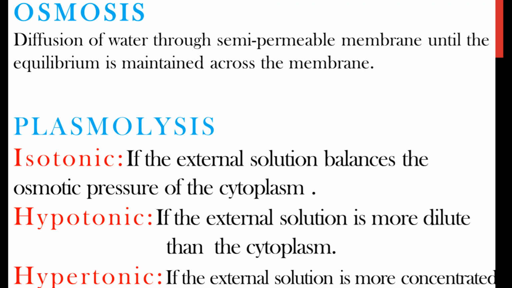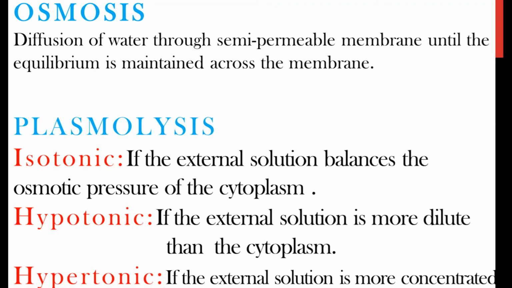If the external solution is weaker than the cytoplasm, it is said to be hypotonic. Such a solution has higher water potential than the cell. If the external solution is more concentrated, it is hypertonic. It has a lower water potential than the cell.